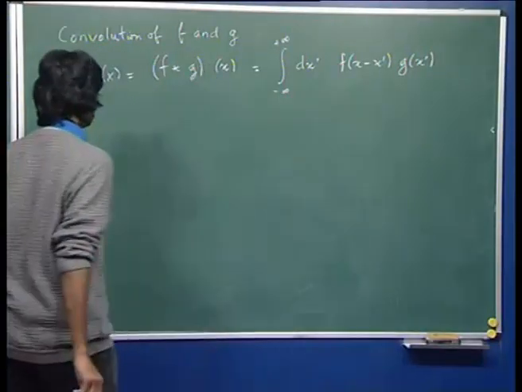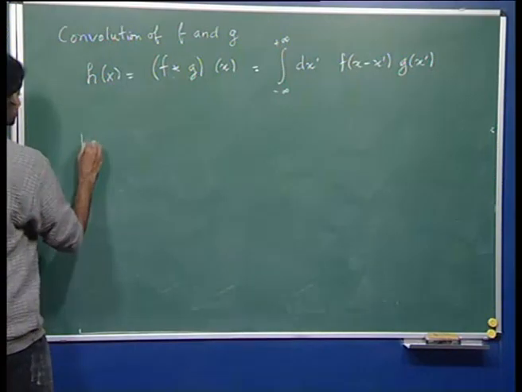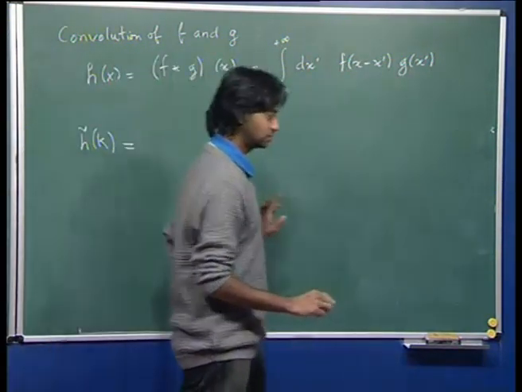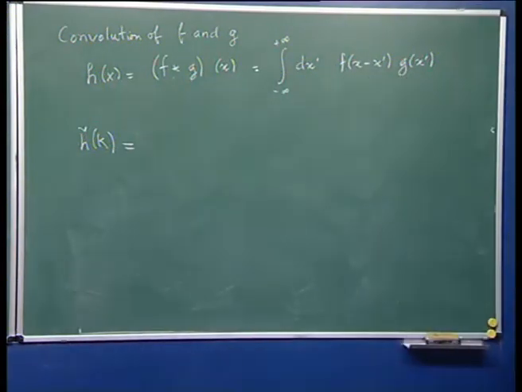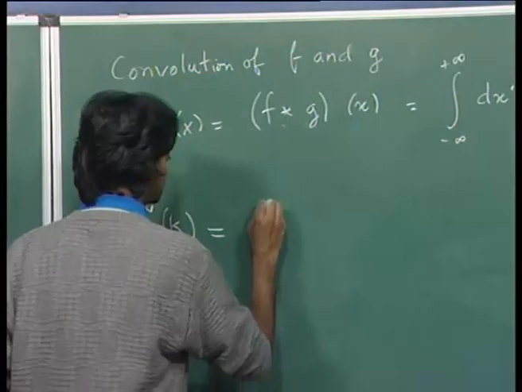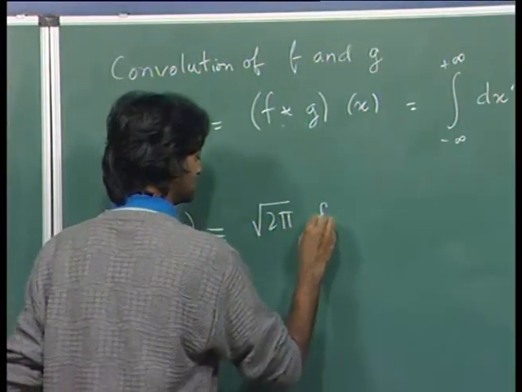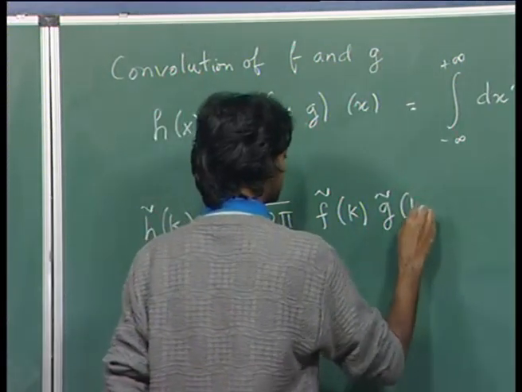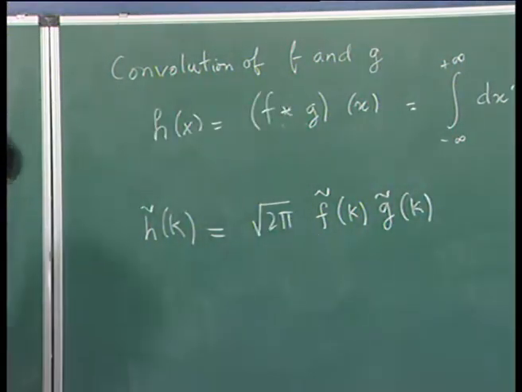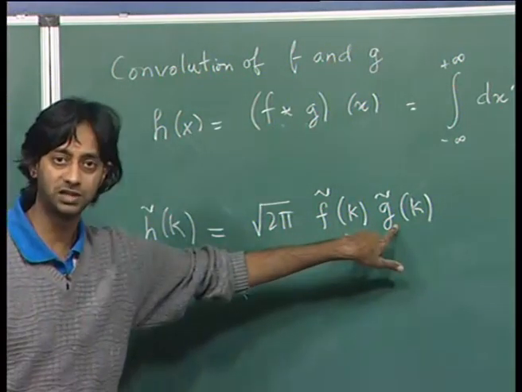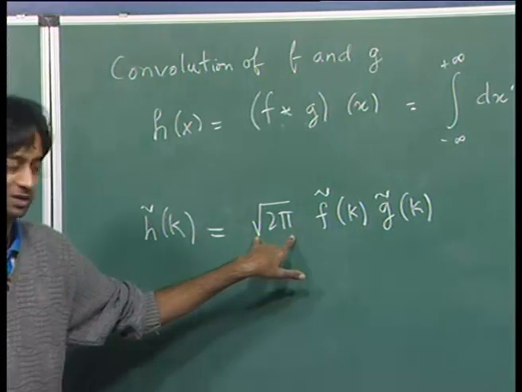Now, if you calculate h tilde of k, you can show that it is nothing but square root of 2 pi times f tilde of k times g tilde of k. So, the Fourier transform of a convolution is the product of the Fourier transforms, up to a factor involving root 2 pi.